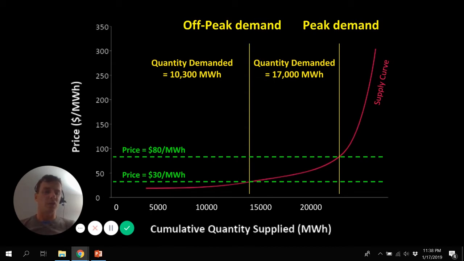As a result, we are moving along the system supply curve, needing to access more and more expensive sources of electricity. The intersection between the perfectly inelastic demand curve during a peak hour and the system supply curve is at a higher point along the y-axis, and the market clearing price increases from about $30 per megawatt hour all the way up to about $80 per megawatt hour.